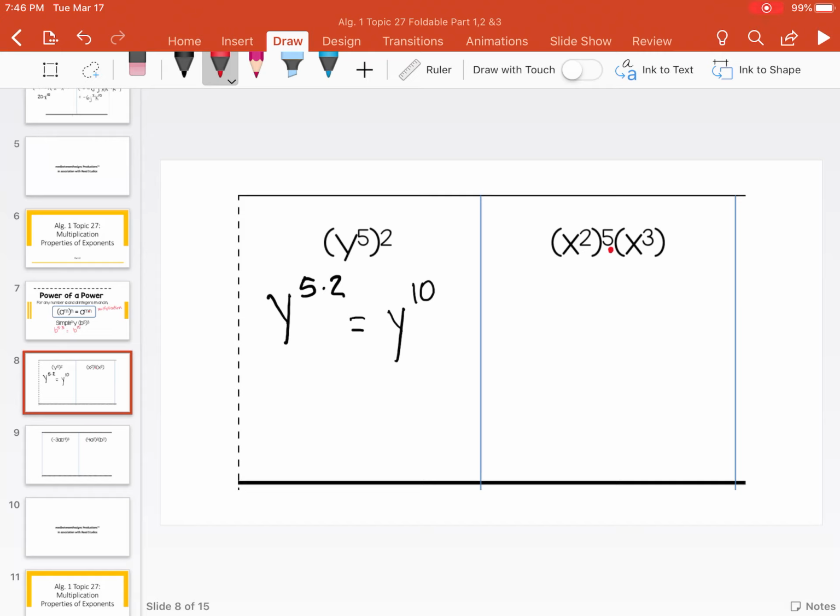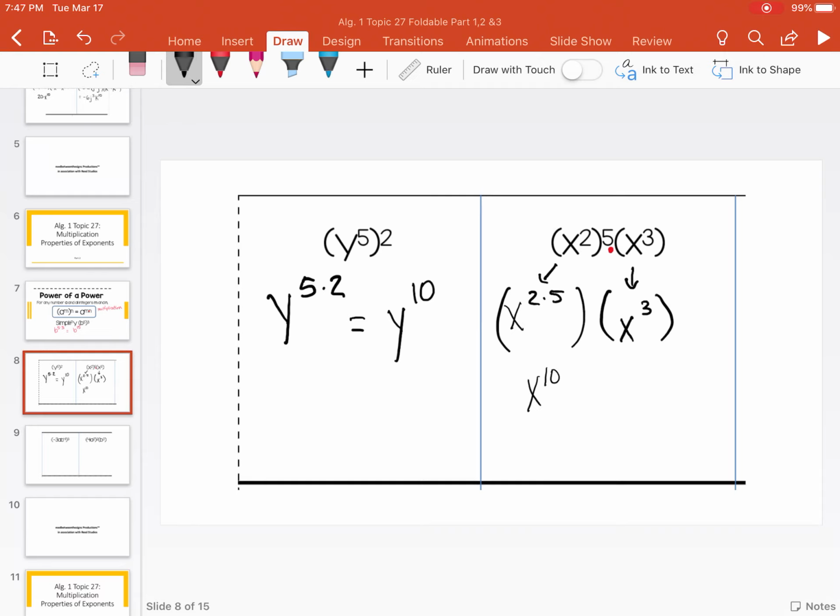So let's just break it down, do it one part at a time. So we have x to the 2 times 5. If we break that down first, that gives us x to the 10th. Then we can rewrite our second part as x cubed right below it.